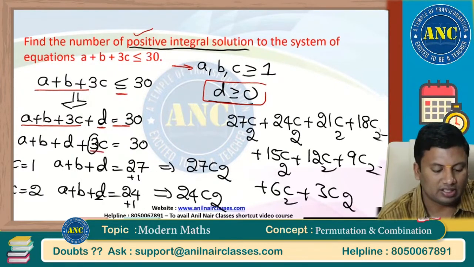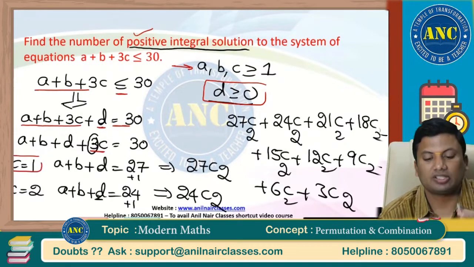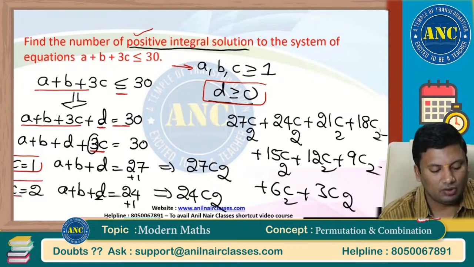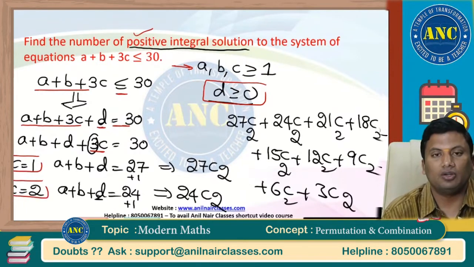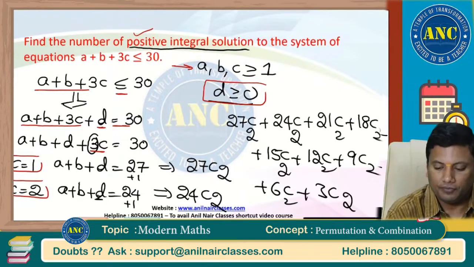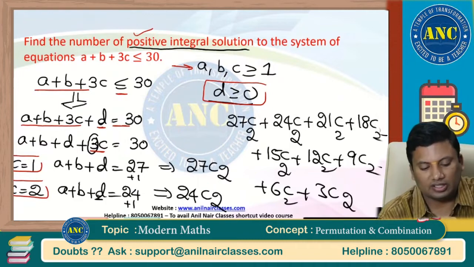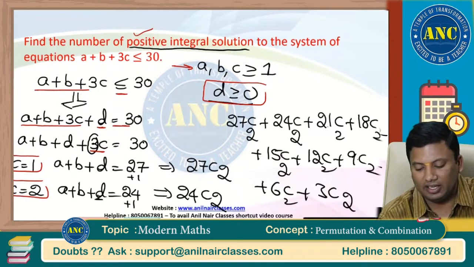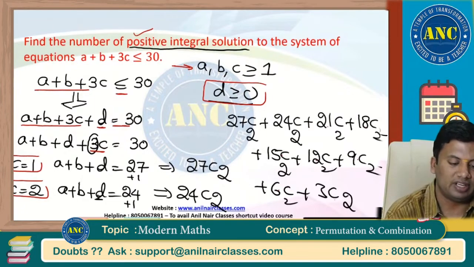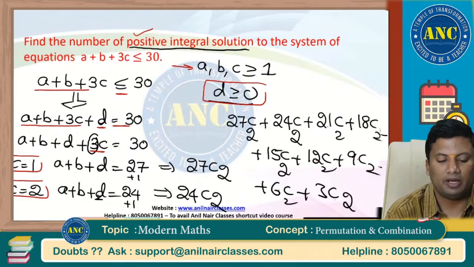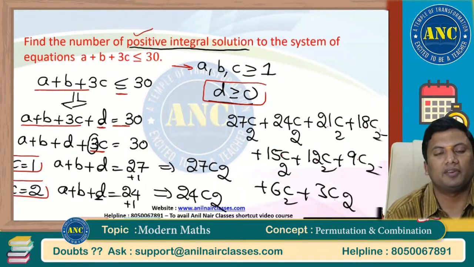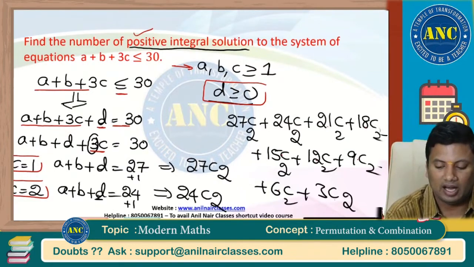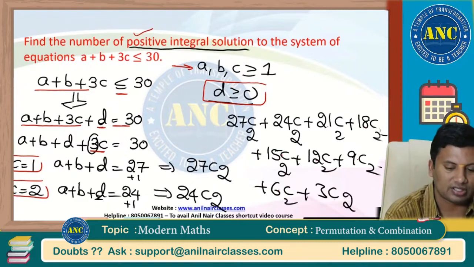So c value can be 1 because c is positive, c value can be 2. How far can c go? c value 1, 2, 3, 4, 5, 6, 7, 8, 9 we got. If c value is 10, a plus b plus d will become 0. Only when all of them are 0 will I get 0, but a, b are starting with 1.